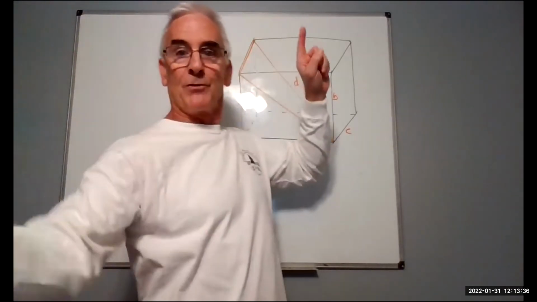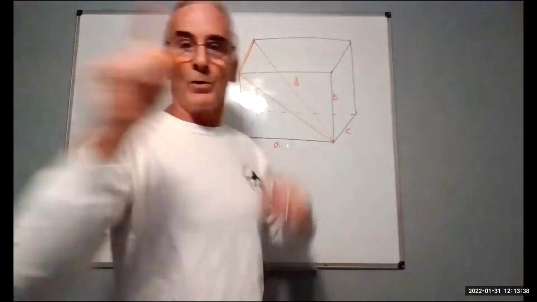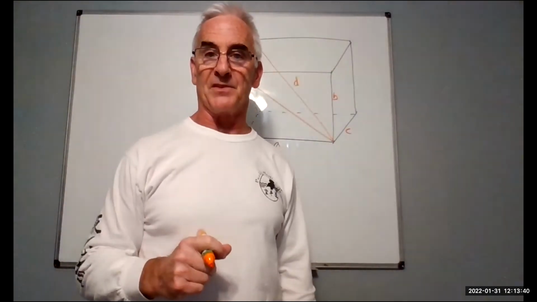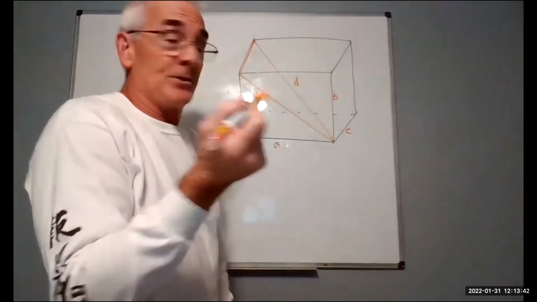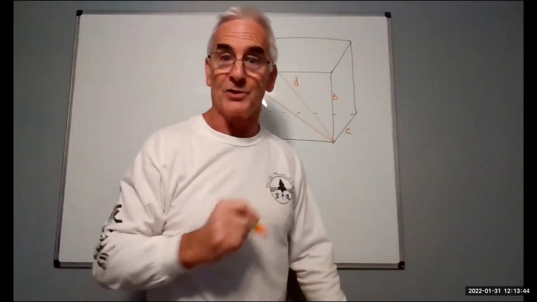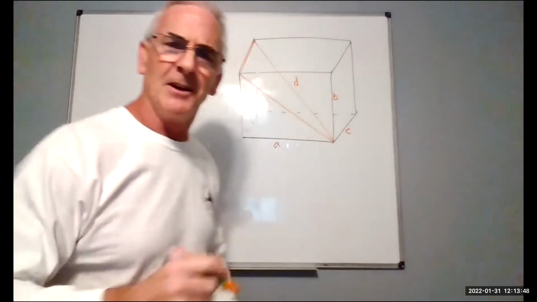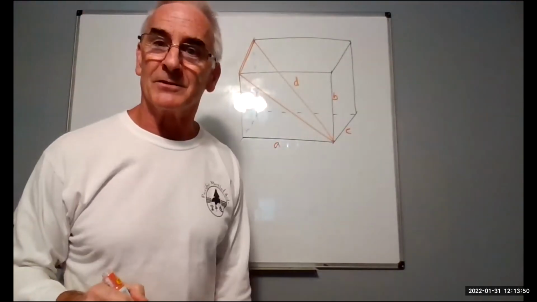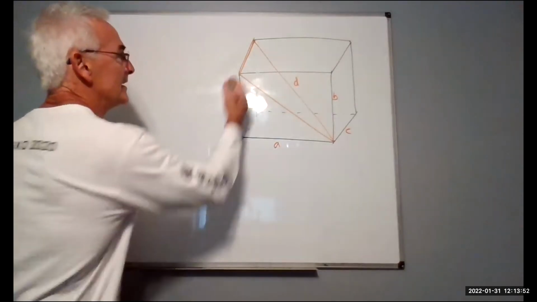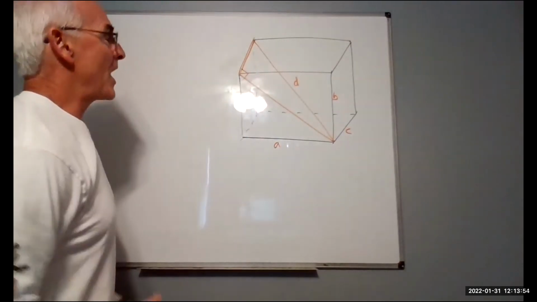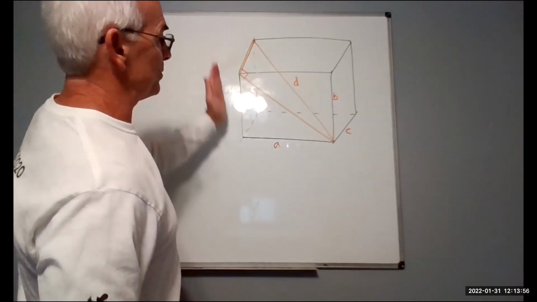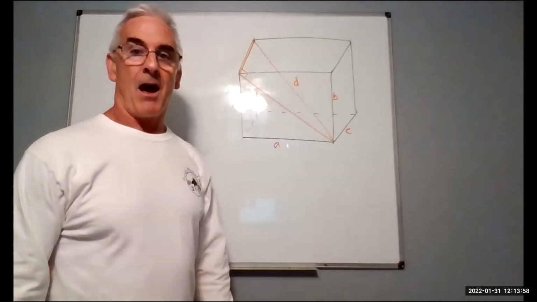So again, I want you to think of the room you're in, go from corner to corner on the opposite side, and imagine, or just take out your marker pen and draw on your walls if your roommates or your parents don't get upset. Okay, maybe that's a bad idea. But do I have any right angles? Yeah, I do. I have exactly one. It's right there. I have a right angle because these planes are at right angles.